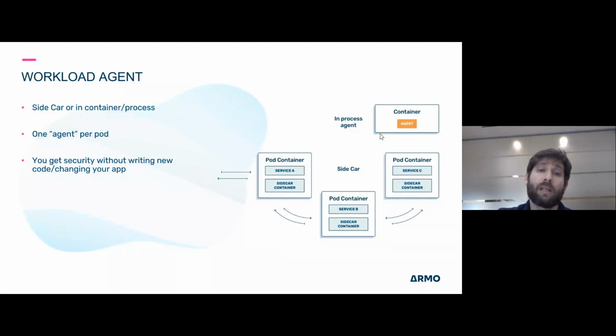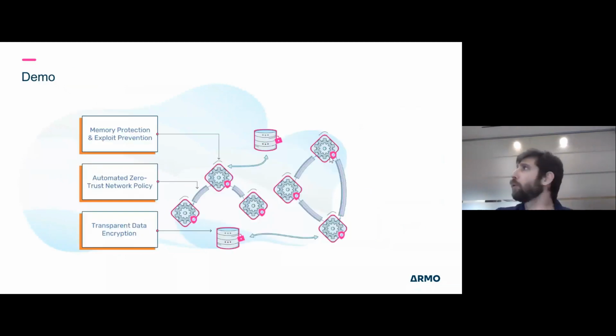And basically, we at ARMO, for runtime protection, we chose this approach over the other approaches. I have many things to say about it, but I'm going to show it to you, and I think it is better this way.